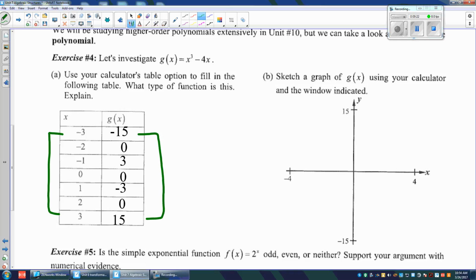So far, so good. Opposite inputs give opposite outputs. Well, is the opposite of 0, 0? Yes, because the opposite side of the number line is 0. 0 is the flipping point. So here, -1 and 1 give out 3 and -3. Good. So we have opposite inputs equal opposite outputs. This is an odd function.